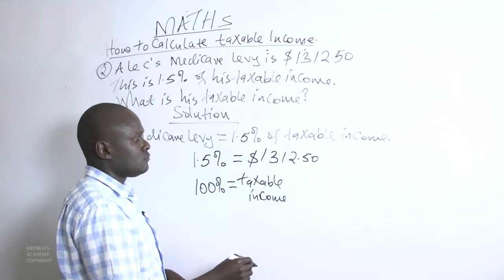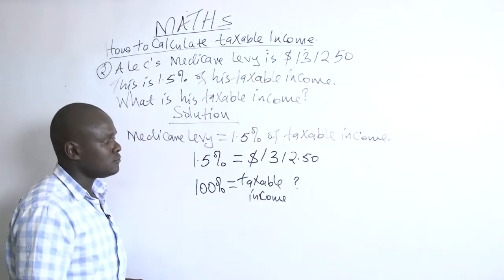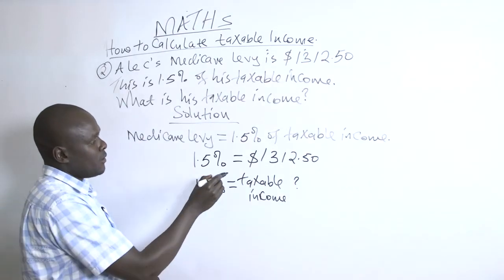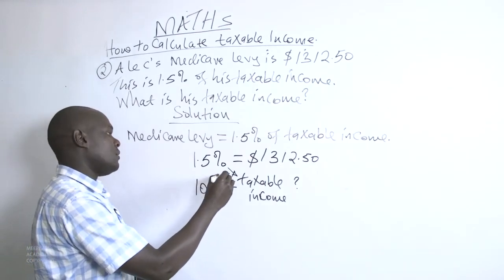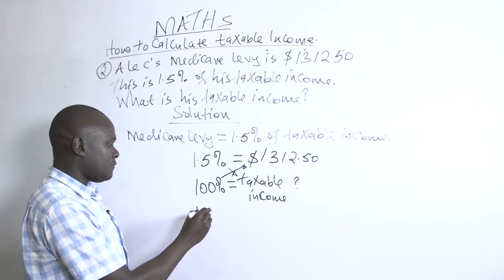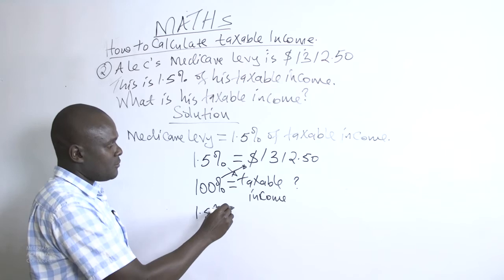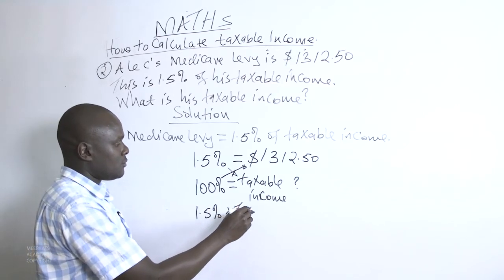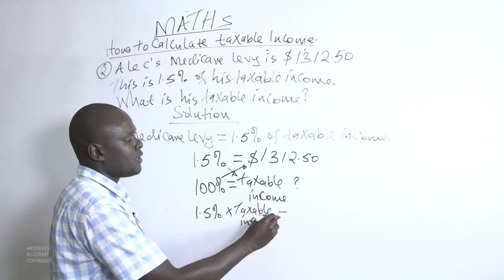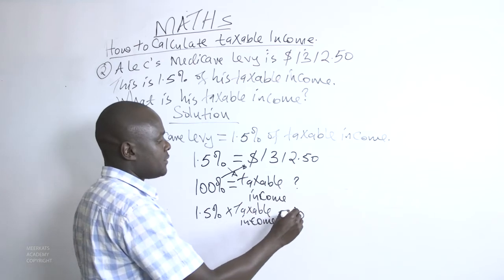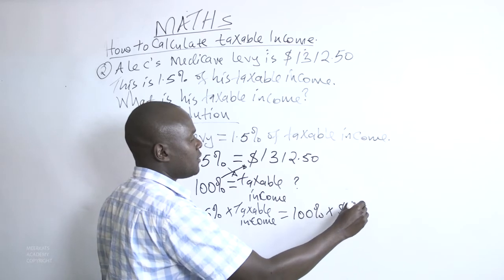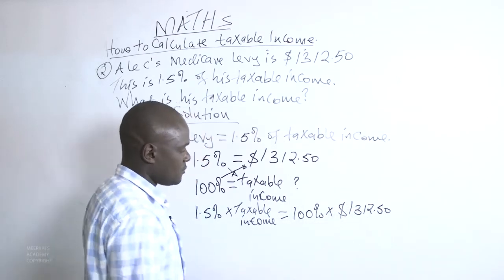What will it be? This calls for cross multiplication, whereby this will be multiplied by that, while this will be multiplied by that, so that 1.5% will be multiplied by our taxable income, which we are trying to find out, and this 100% will be multiplied by $1,312.50.